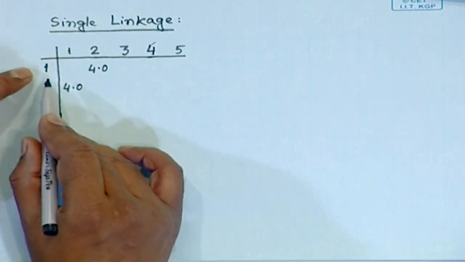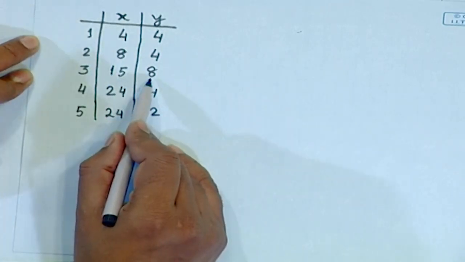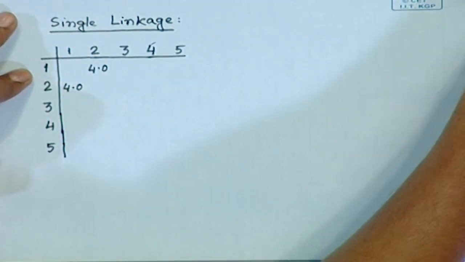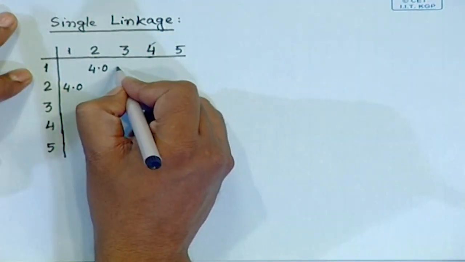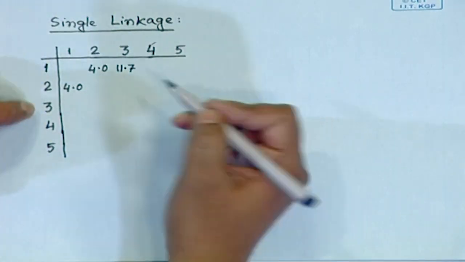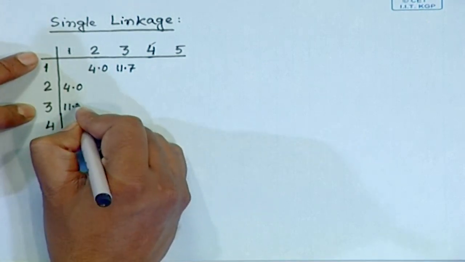Similarly, the distance between 1 and 3, where 1 is 4 4 and 3 is 15 8, comes out to be 11.7. Similarly, the distance between 3 and 1 will also be 11.7.